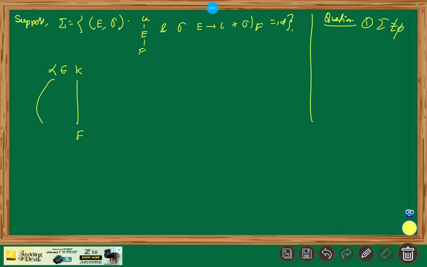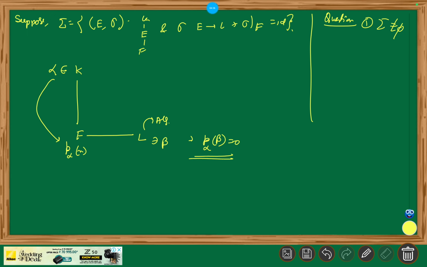So that means alpha must have a minimal polynomial P alpha x here. Now again there is an extension L where L is algebraically closed. So this P alpha x must split in L. So that means there exists some beta belongs to L such that P alpha of beta is 0, right?